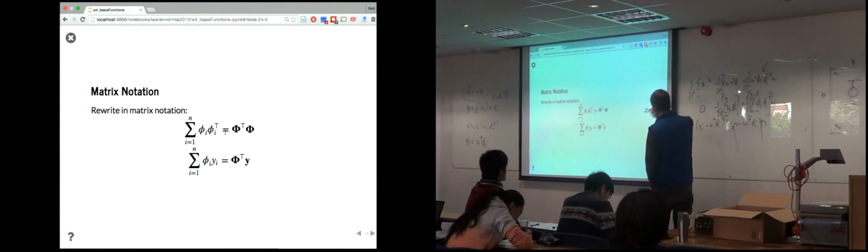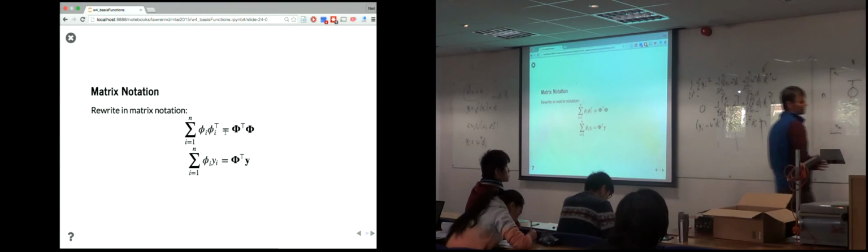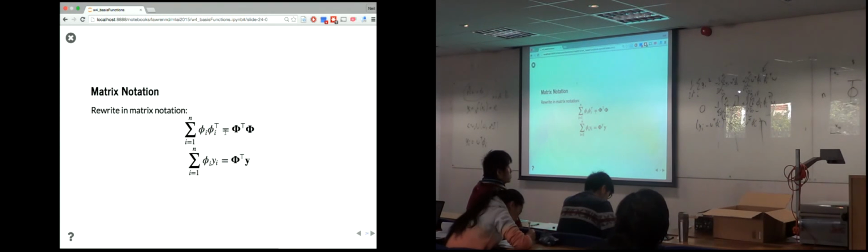Similarly, probably the easier one to start with is phi transpose times y. Remember we said it was a weighted sum of y. This is n-dimensional. Sorry, it should be long, not short like that.